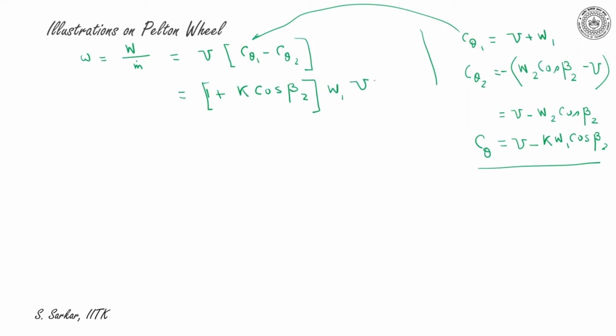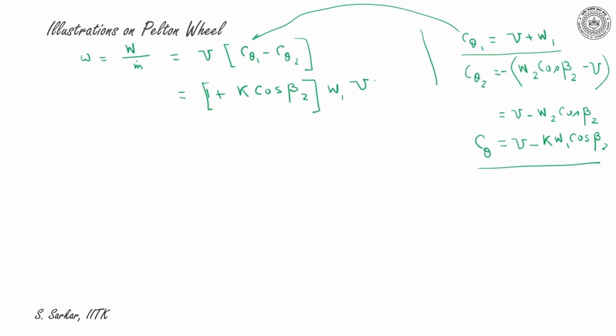Now again, W1 can be written from this expression as W1 = (Cθ1 − U)(1 + K cos β2), and Cθ1 is equal to C1.